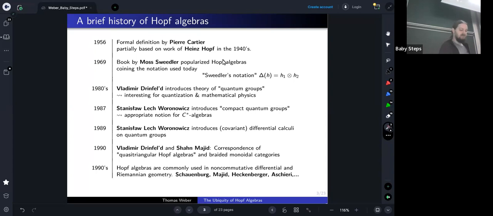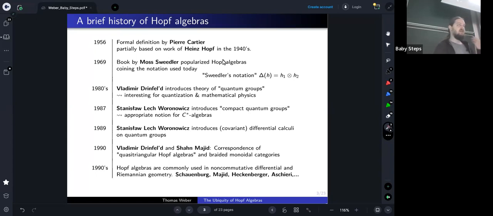Okay, and maybe the second giant after Drinfeld, as just mentioned by Piotr, is Woronowicz, who introduced compact quantum groups, and those are the Hopf algebras that are most suited for the framework of C-star algebras. And here I'm a little bit vague.